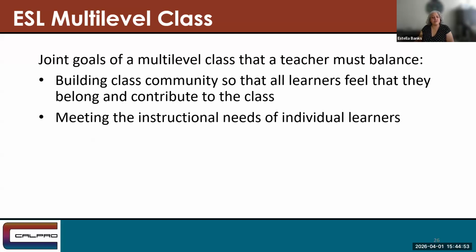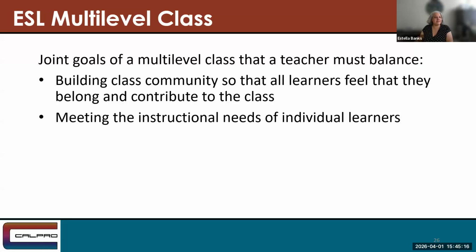Which grouping strategies have you seen that work in this kind of situation in a multi-level classroom? What grouping strategies have you seen that are successful? Okay. Thank you, Melinda, for putting the question in the chat.